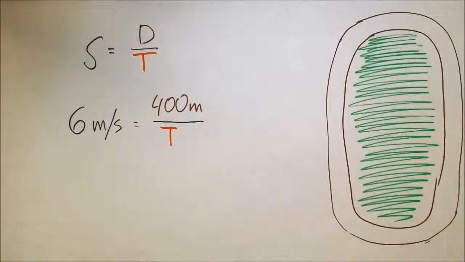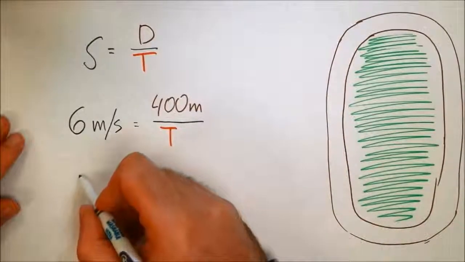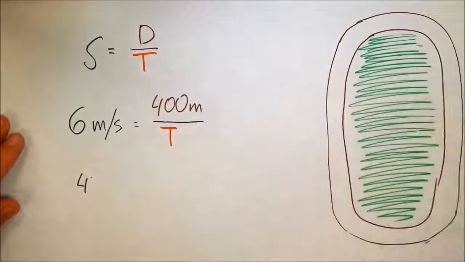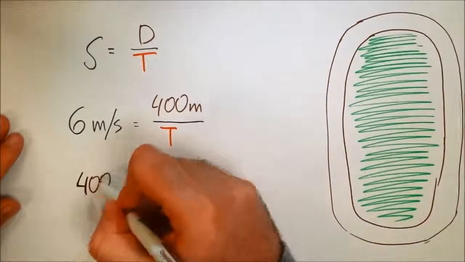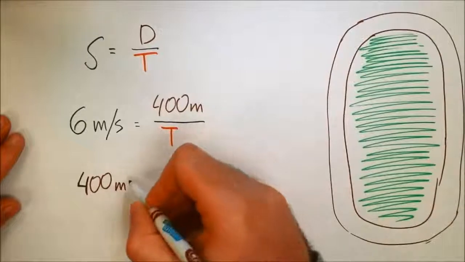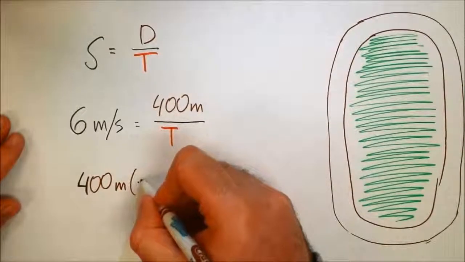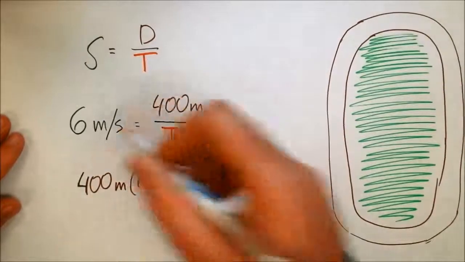And the easiest way to do that is by cross multiplication. The 6 meters per second, you can think of it as being divided over 1, so there's a 1 there. So it's going to be 400 times 1, or 400 meters. Time is 1, or just 1 for that 1.